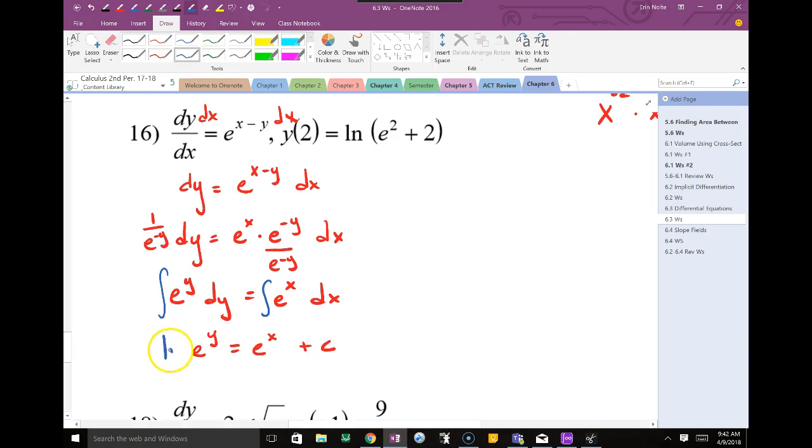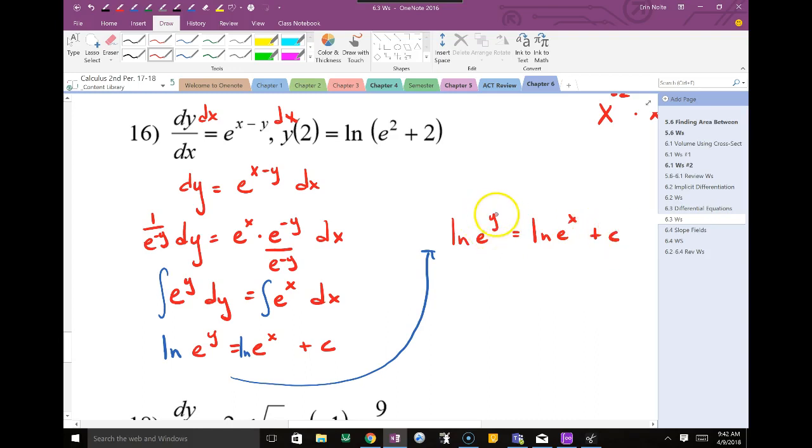You have to understand your properties to do this. When I have a natural log with an exponent, like this y, it's the power property and it goes into the front. Same thing on that one.